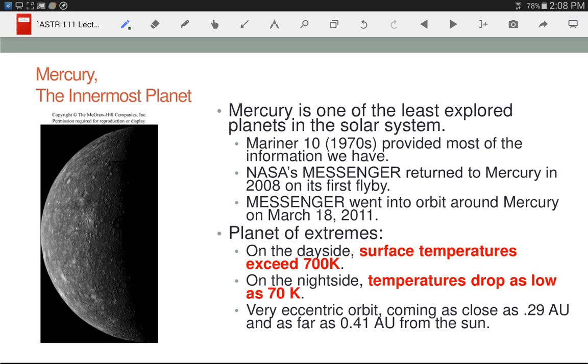In fact, if you think about temperatures on Earth, our atmosphere has a big deal to do with our temperatures. If you go out to the desert, you probably know that during the daytime it's like 95, 110. At nighttime it'll be like 40 or 50, right? If it's clear. What happens if it's cloudy? It stays much warmer during the night.